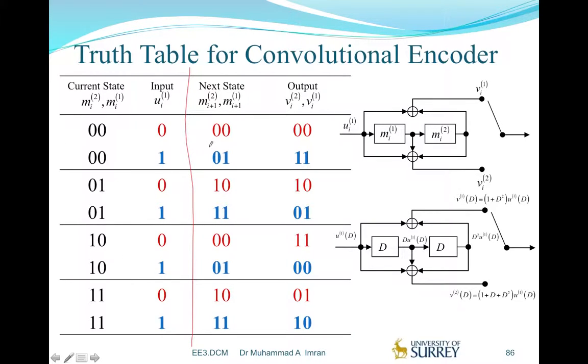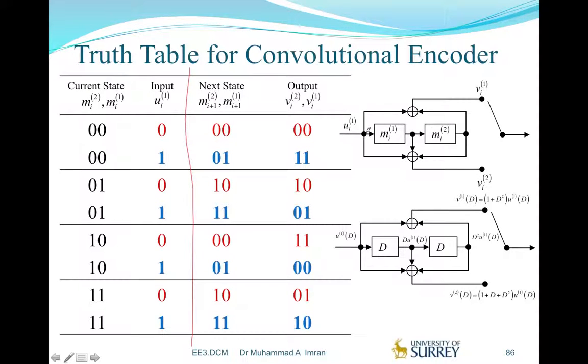Now for each of them I have to calculate two things, the next state and the output. Of course the output will be calculated using these formulas here, right? And the next state can be calculated using the information that anything which is at the input of the memory block comes at the output of the memory block when the next time cycle comes in the clock.